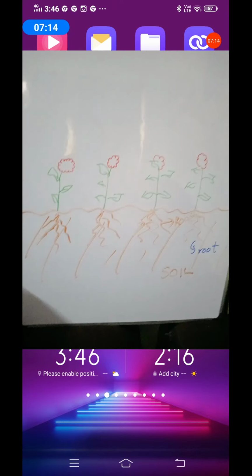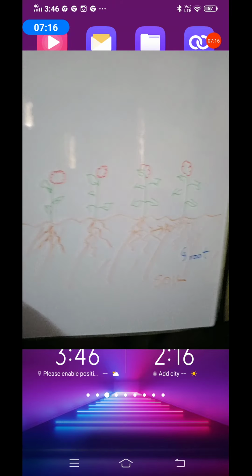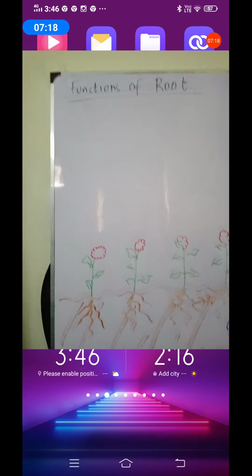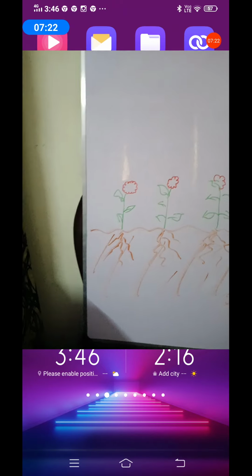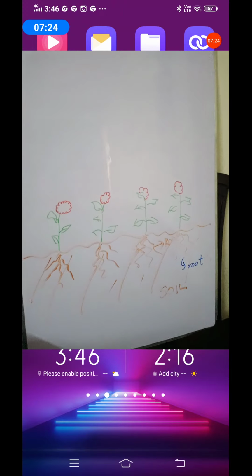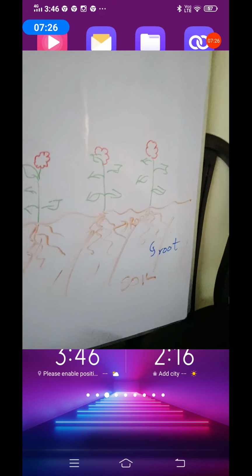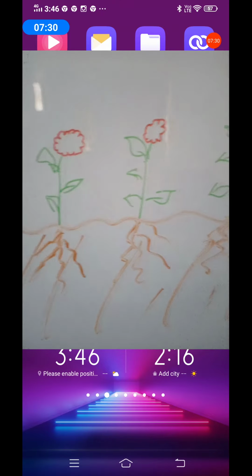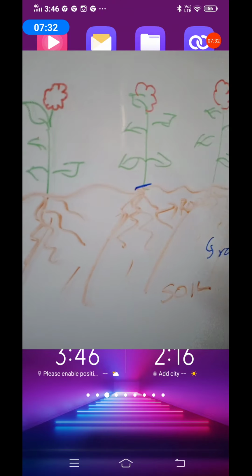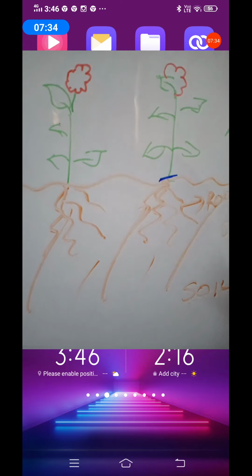What do you think is the use of this root? Can anybody tell me? This root, how is the plant connected to the soil? What if I cut the plant from here, I pluck it up, what will happen then? It will die. We all know this, right?